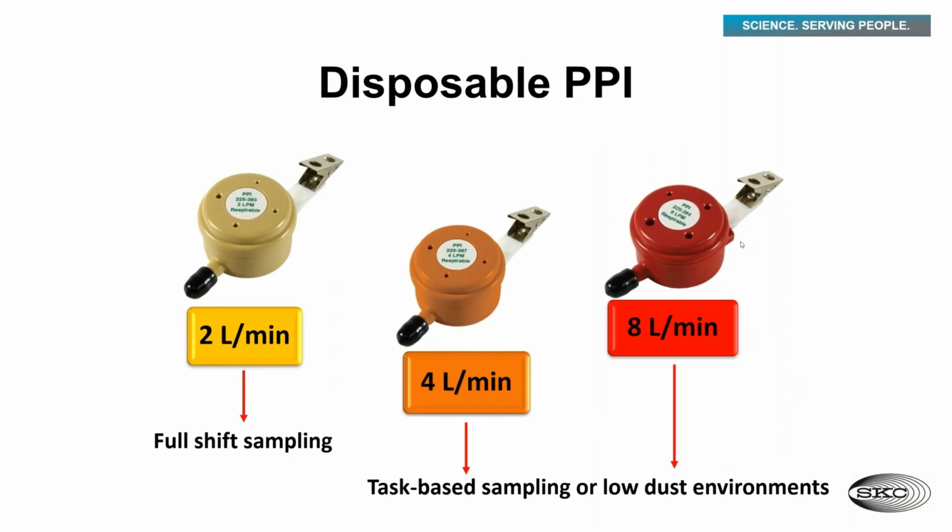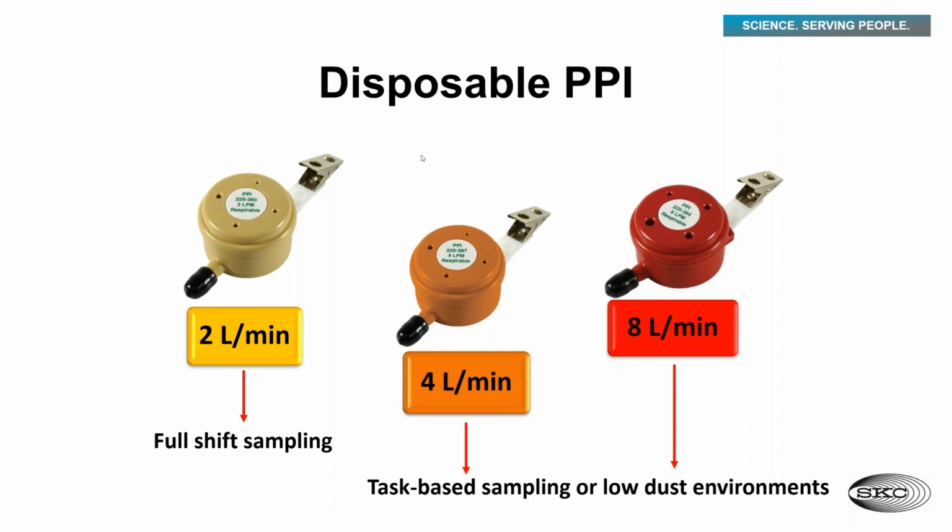So the three different disposable PPIs that are made are a 2 liter a minute, a 4 liter a minute, and an 8 liter a minute. Now, earlier we talked about that size-selective sampling is very picky when it comes to flow rate.